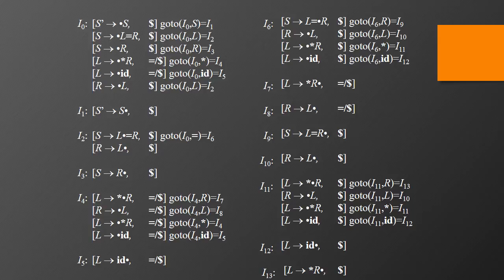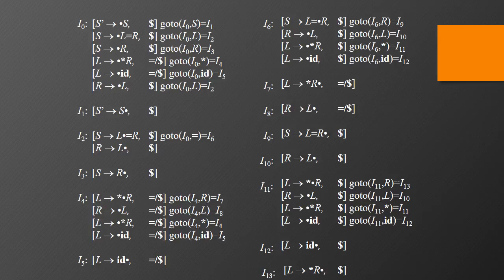I4 will contain L gives star dot R comma equal to hyphen dollar, R gives dot L, L gives dot star R, L gives dot ID comma equal to hyphen dollar. So I4 comma R will become I7.